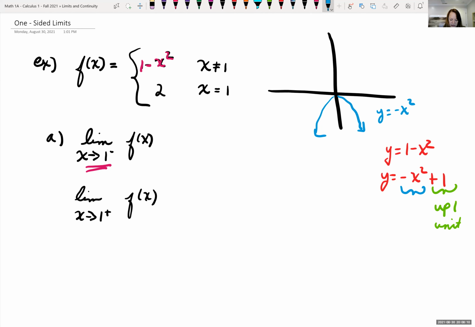And so I would have shifted up 1. Another way to think of this, because this is actually in vertex form, my vertex is at 0, 1.